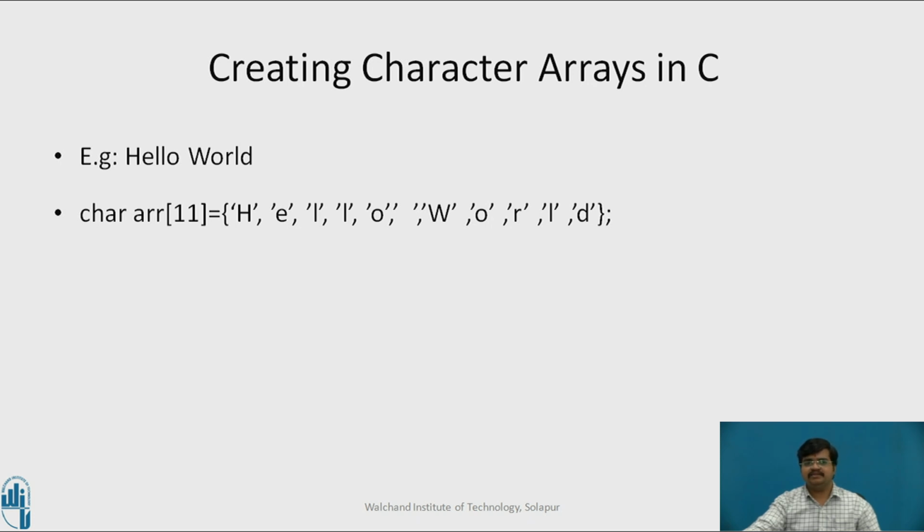Observe that we have provided individual characters in single quotes. Also we have included a space. So here total number of characters are, first hello is 5 characters, after that space is 1, 6, and after that 5 characters. So total number of characters are 11. So by this way we can create a character array.